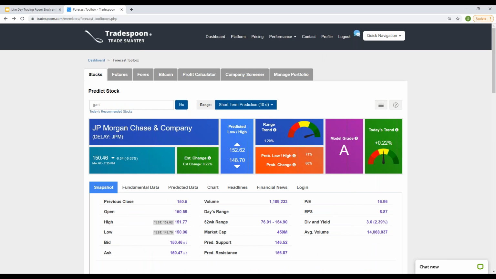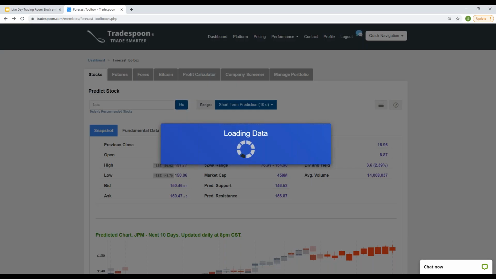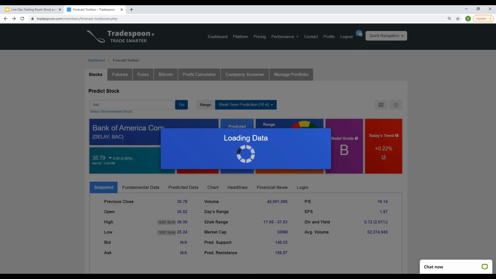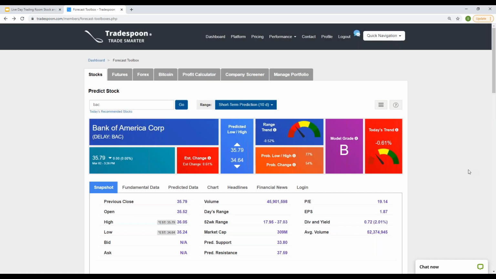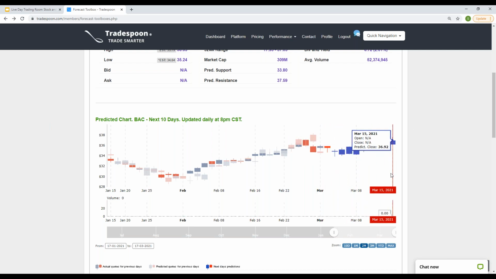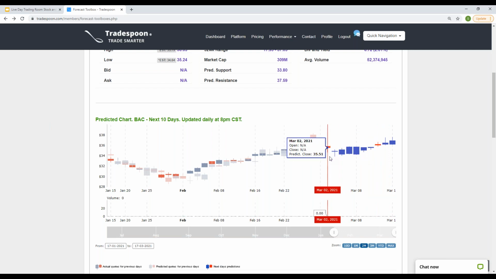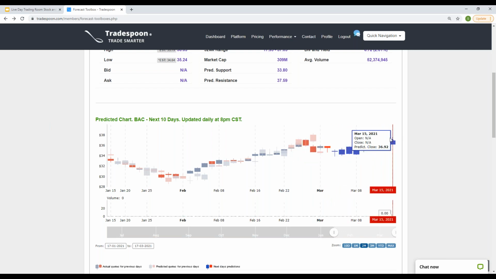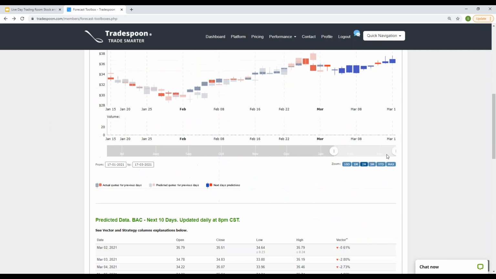You can see here we have JP Morgan. I'm actually going to change this to Bank of America. Bank of America and JP Morgan looked very, very similar. And you can see that this starts to give us an idea of, hey, there could be a trade setting up here. It could move back up into this range.